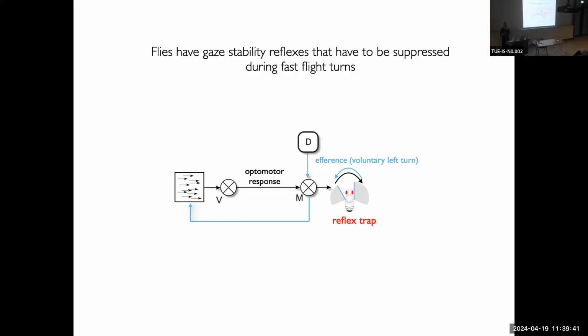So animals that have very strong stability reflexes need to shut down those stability reflexes momentarily to be able to move spontaneously or voluntarily. It was proposed in the 50s that there could be a way to escape this reflex trap by sending an efference copy with every motor command to the visual system to cancel out the visual consequences of a turn.